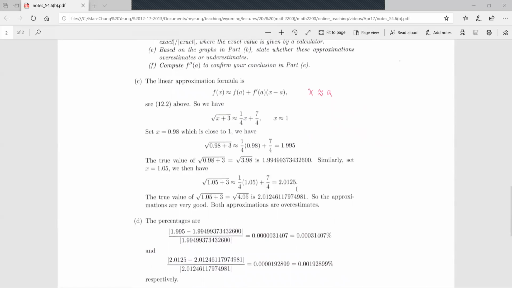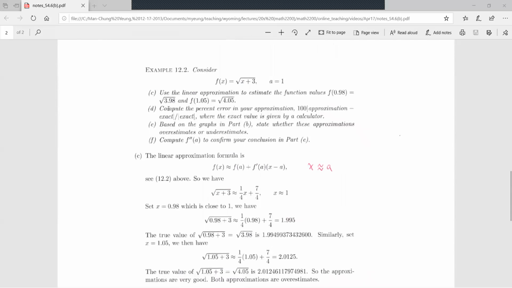And also we use calculator to compute the exact value of this square root. Yeah, exact value. Now, the estimate is indeed very close to the exact value, but still an overestimate. The estimate is still slightly greater than the exact value, so overestimate. This is part C.